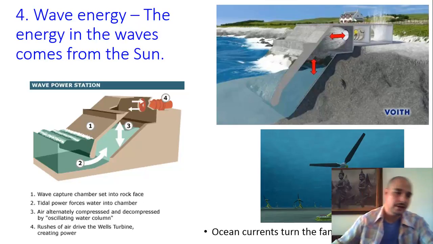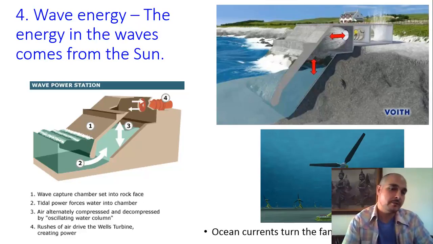You can take a look at the diagram where the waves will go in and they will compress air inside the power plant, and this will push the blades of a turbine, again creating electricity in a generator.